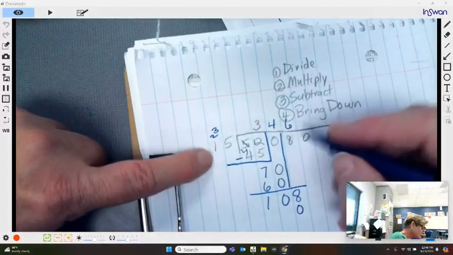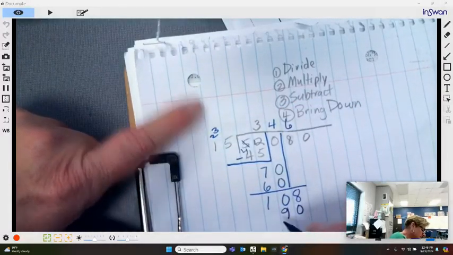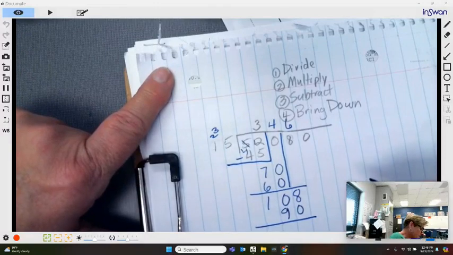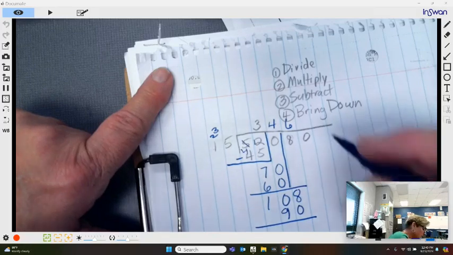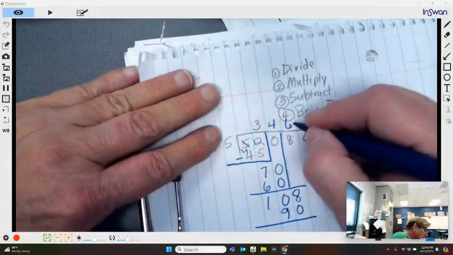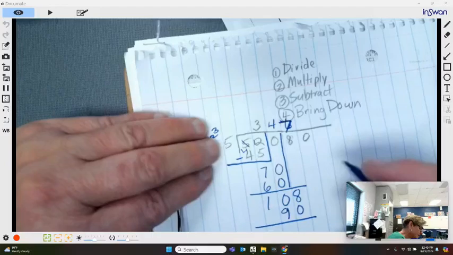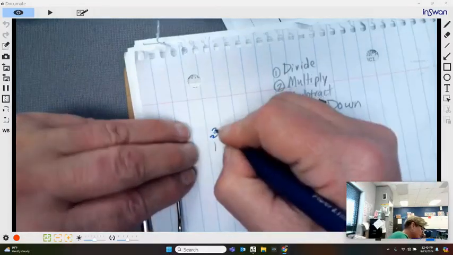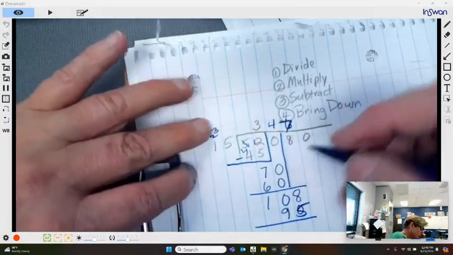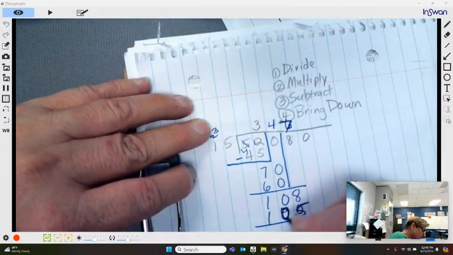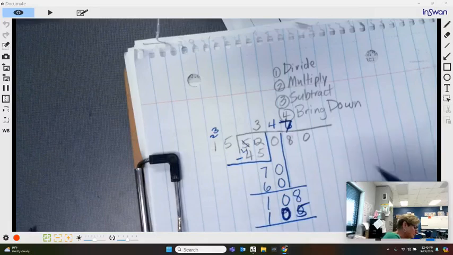Carry the 3. 6 times 1 is 6. 7, 8, 9. Or would it be 7 for 105? I think it would be 7 for 105. Let me change that. I shouldn't have wrote that. 7 times 5 is 35. Carry the 3. 7 times 1 is 7, 8, 9, 10. Yeah, so 105. Sorry about the mess.